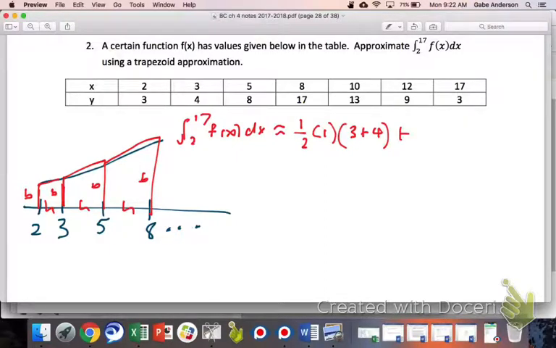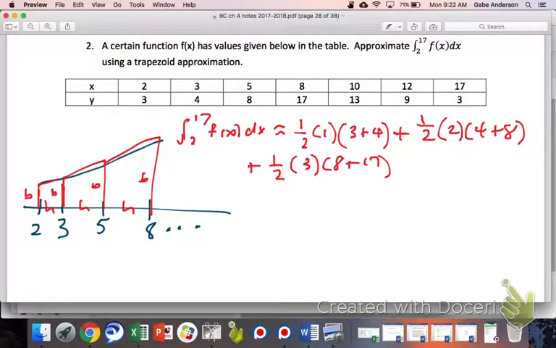So let's see here. The next one would be plus 1/2 times 2 times 4 plus 8, plus the next one would be 1/2 times 3 times 8 plus 17. The next one would be plus 1/2 times 2 times 17 plus 13.